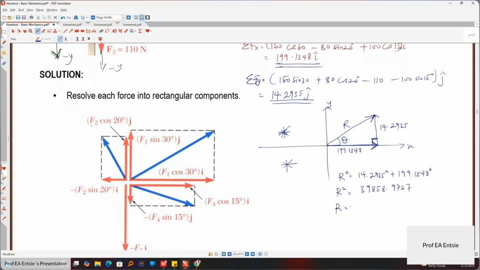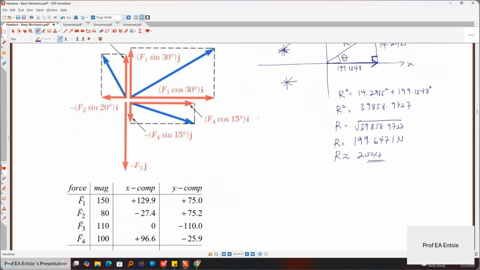Then R is equal to the square root of 39,858.9727. That's a huge number, 199.6471 Newton. So this is equivalent to 200 Newton.